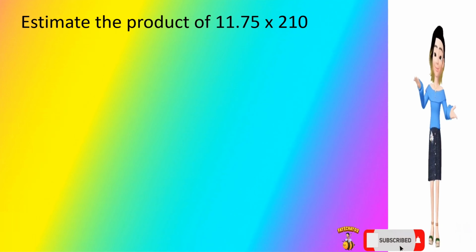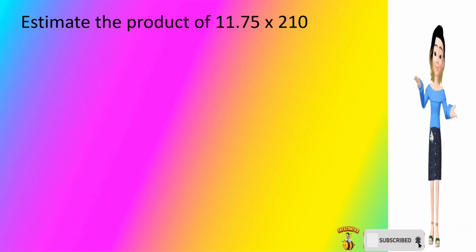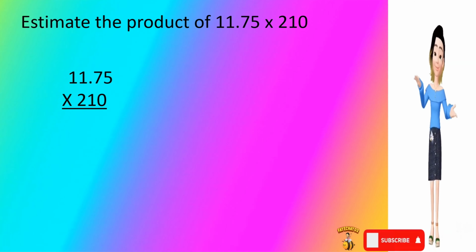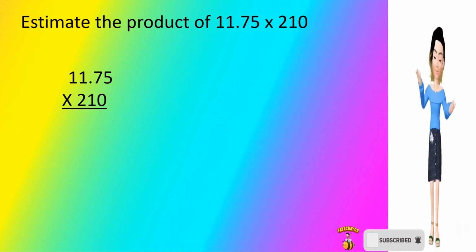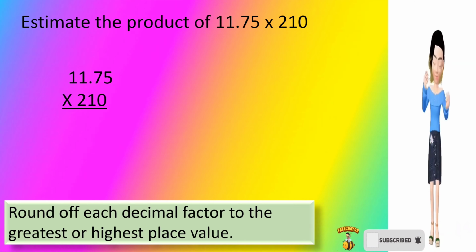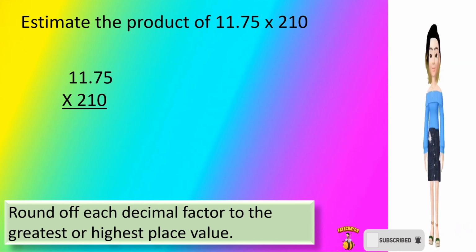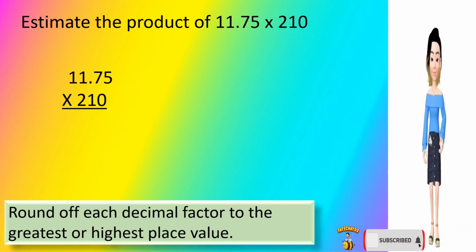Next example, estimate the product of 11.75 times 210. So again, write the decimals in column, then follow the first step, round off each decimal factor to the greatest or highest place value.